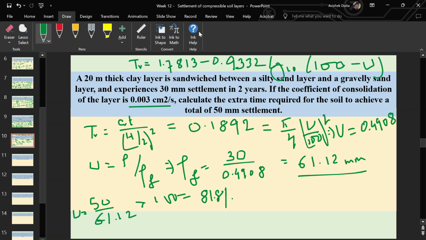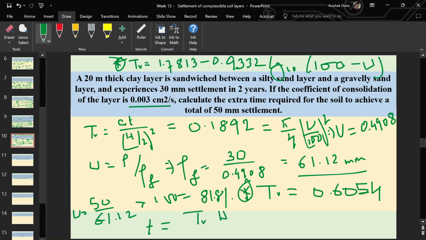Using this formula, I find the value of Tv to be approximately 0.6054. Now, double drainage condition still prevailing, the time taken will be from the first formula, Tv into (H by 2) whole square divided by Cv. Putting all the values, we will get approximately 6.4 years.